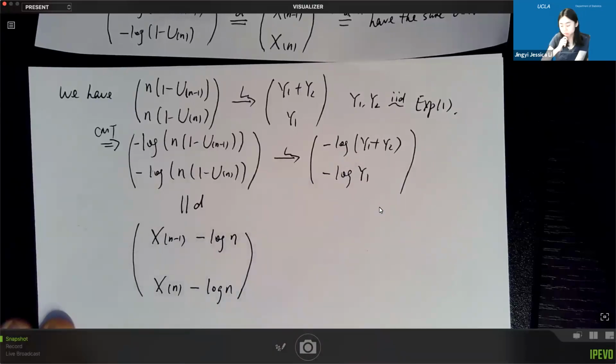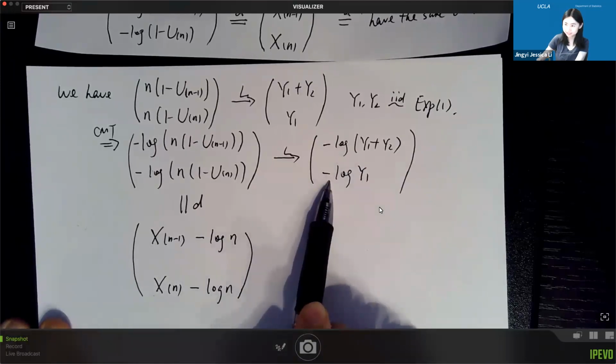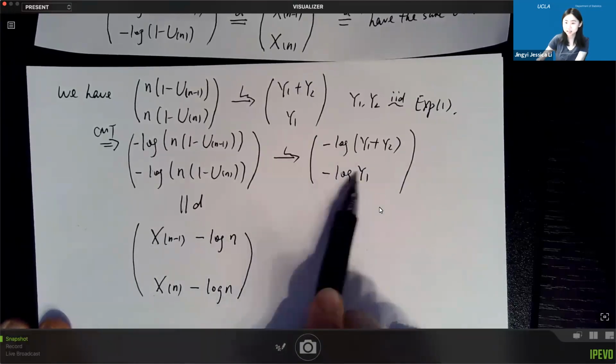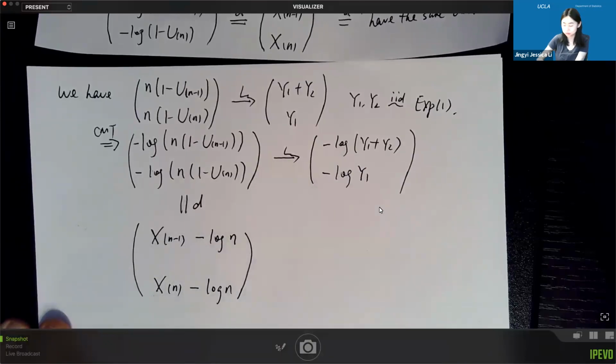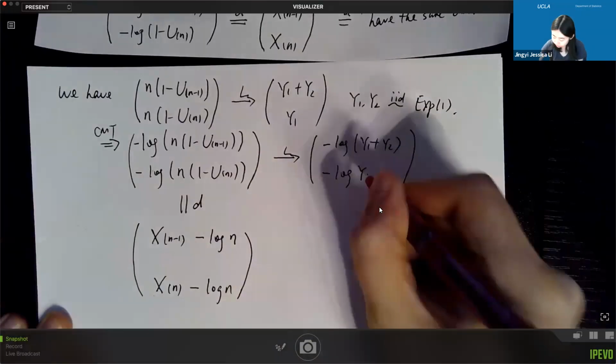This result confirms what we did in example 2, where we talked about this alone: the maximum of exponential 1 minus log n converges to Gumbel distribution.